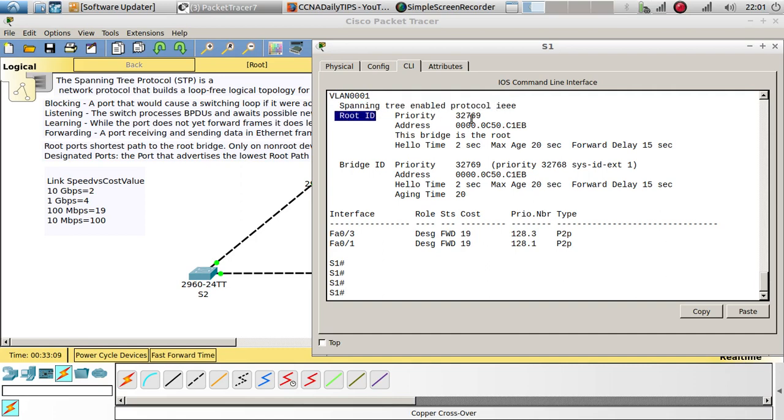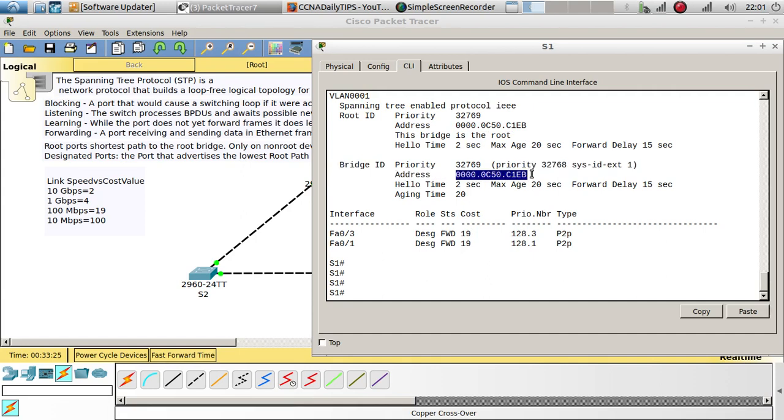The root bridge priority is 32769, and just take a look at this. The MAC address is 0650.C1EB, and the bridge ID, which is local, is the same MAC address.